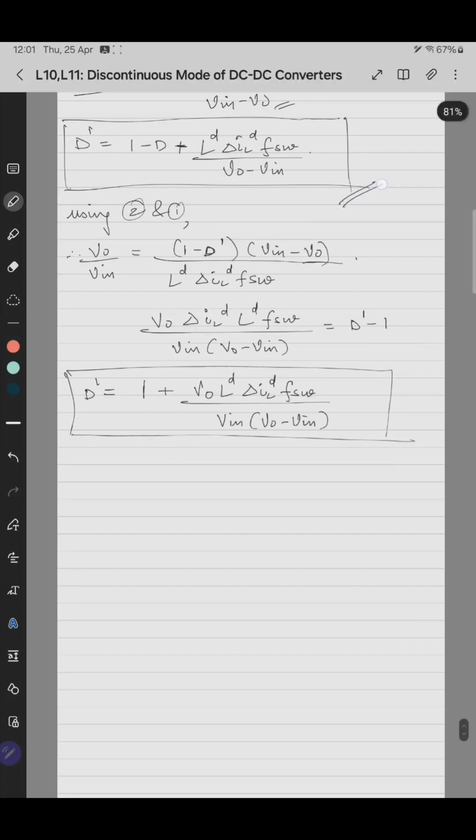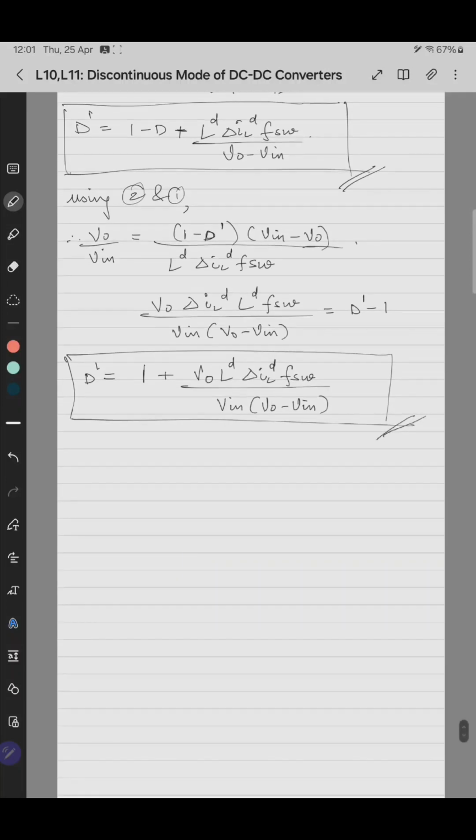Now D dash is here as well as here. Let's equate these two D dash so that D dash will be eliminated. Then we'll get the expression of V naught versus V in terms of delta IL of D. So equating this D dash with this D dash, first is 1 minus D plus LD delta IL of D F switching by V naught minus V in is equal to 1 plus V naught into LD delta IL of D F switching by V in into V naught minus V in.